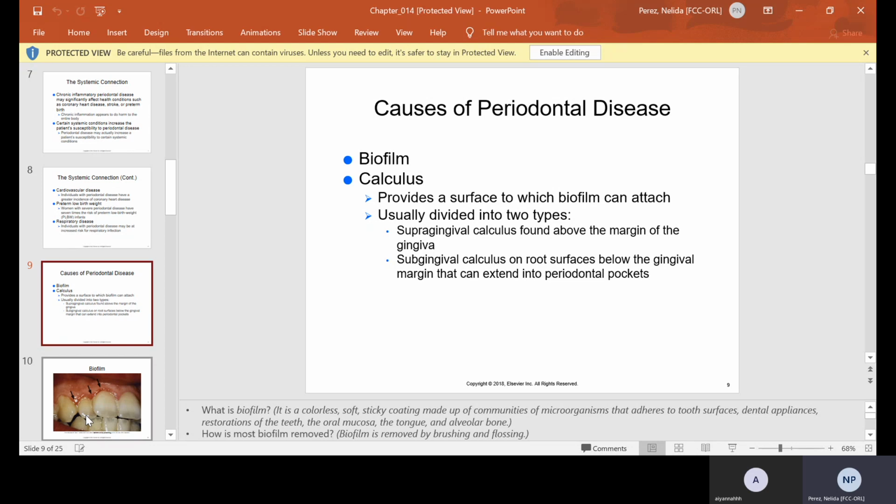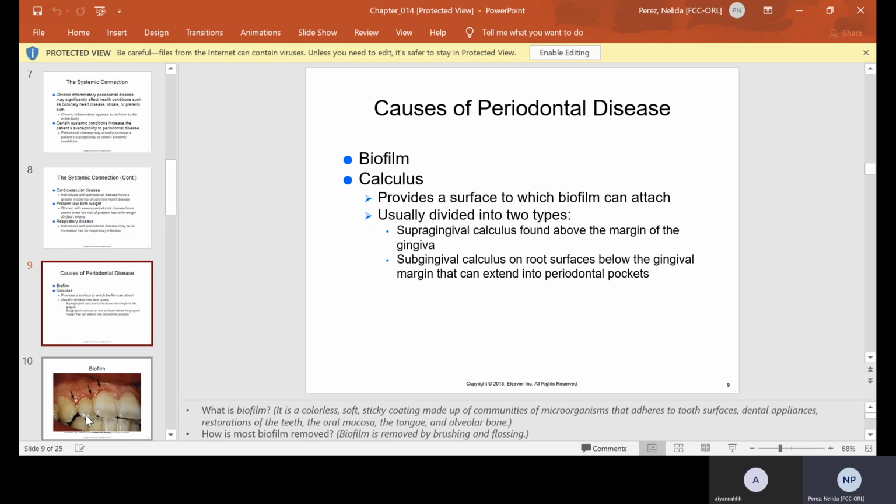How is most biofilm removed? It's removed by brushing and flossing. A simple brushing and flossing can remove that biofilm. But when it's not, we will continue about what happens afterwards.